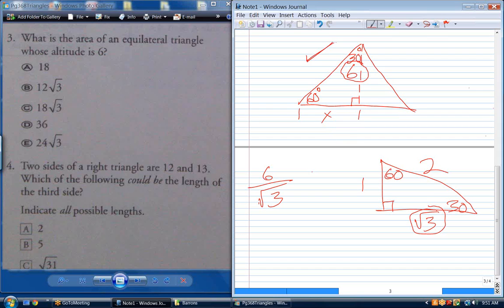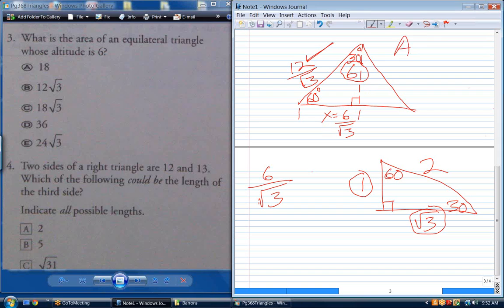So I multiply it by 1 to come up with x. So x is equal to 6 over root 3. Notice that if I multiply it by 2, I come up with the hypotenuse. So the hypotenuse would be 12 over root 3.